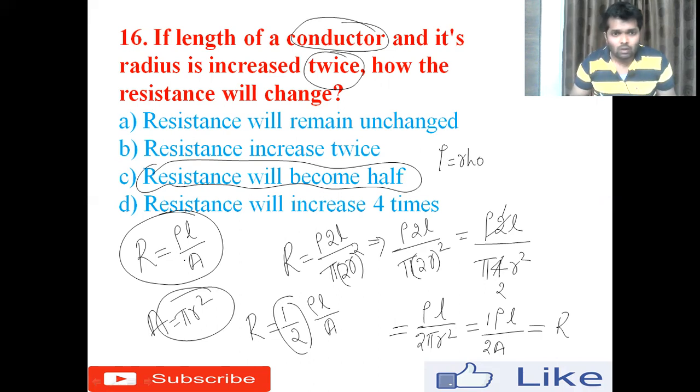Before changing the length or radius, it was R equals rho L divided by A. But when you increase both length and radius, after simplifying, we got 1 by 2 rho L divided by A. So it is basically multiplied by half. So resistance will become half. The right answer for this question is option C.